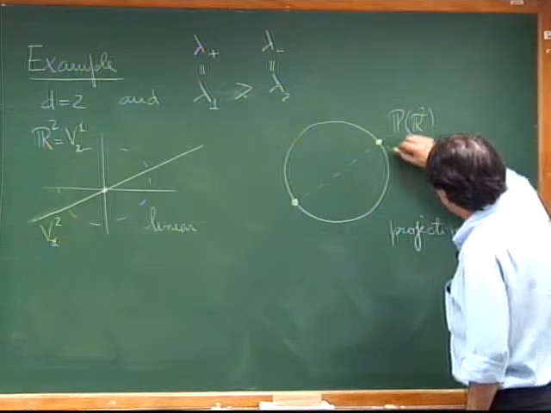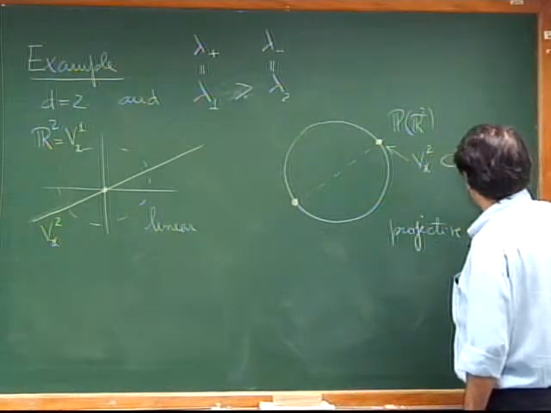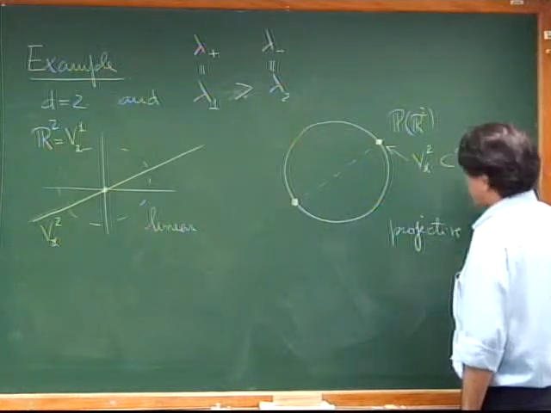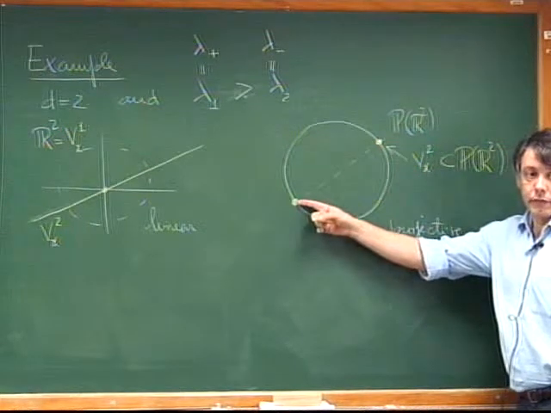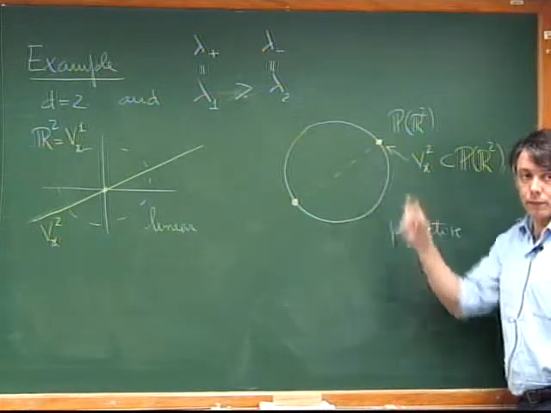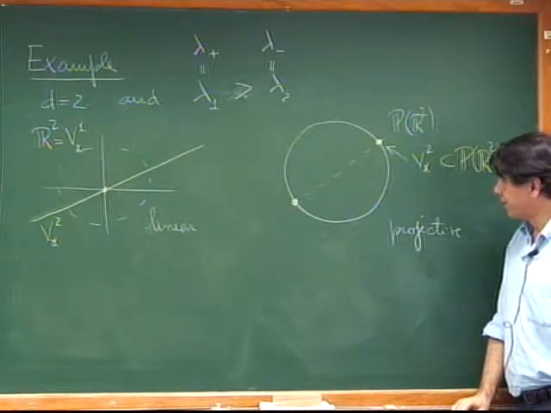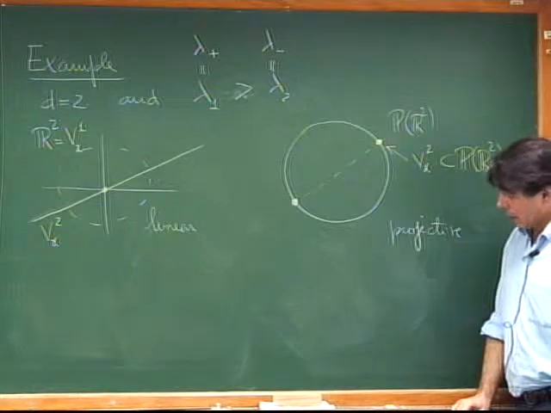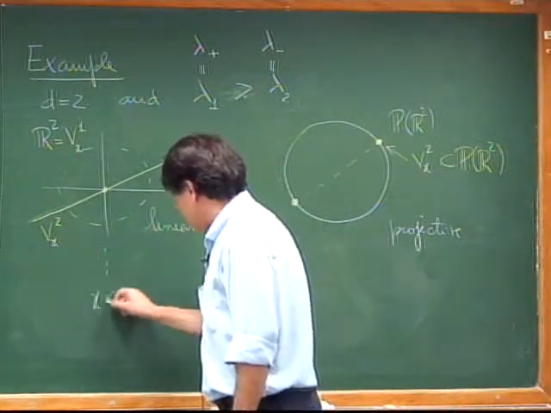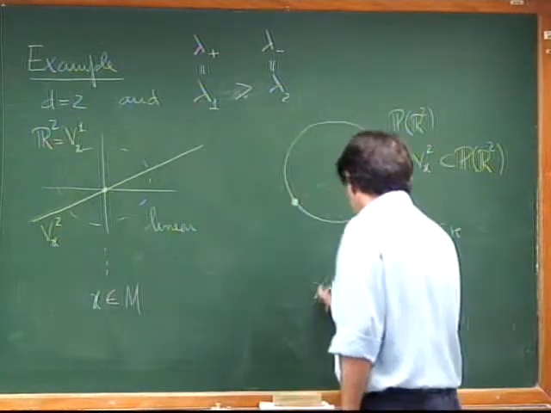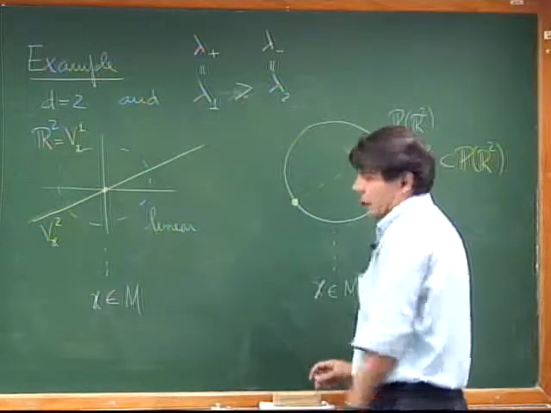So here is Vx2 seen as a subset of PR2. In my picture there are 2 points, but in projective space they are the same. The projective space is not really the circle, it's half the circle. So this is the picture that you have at each point x of M.